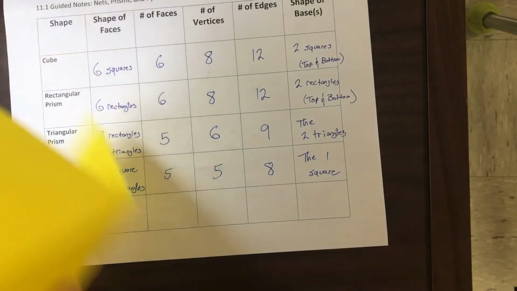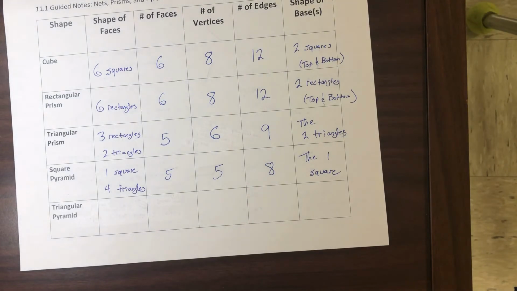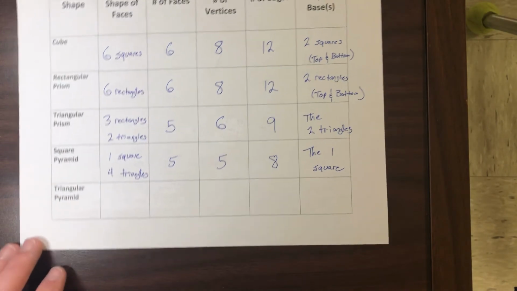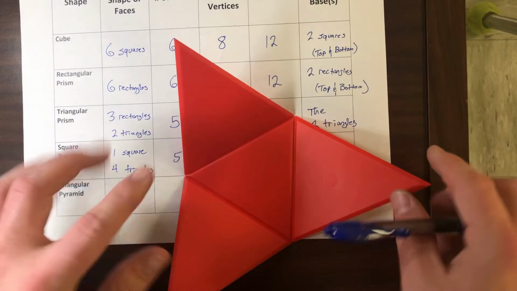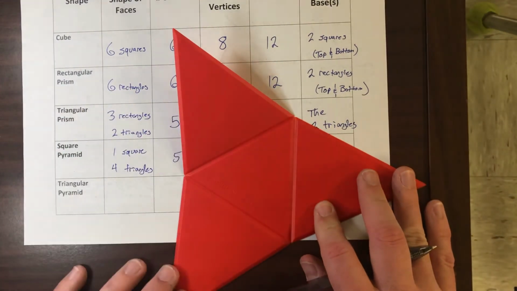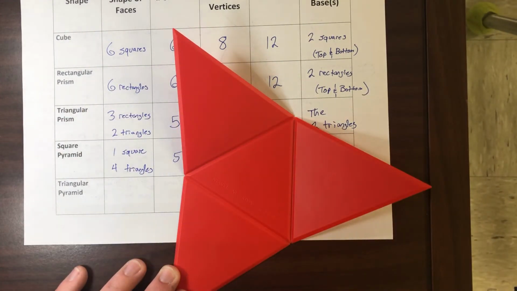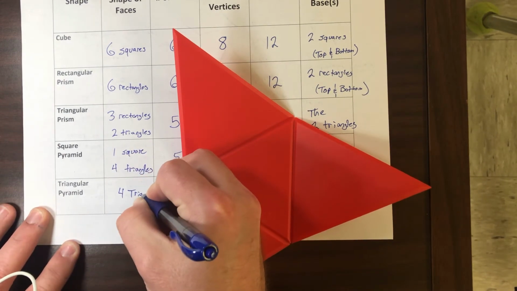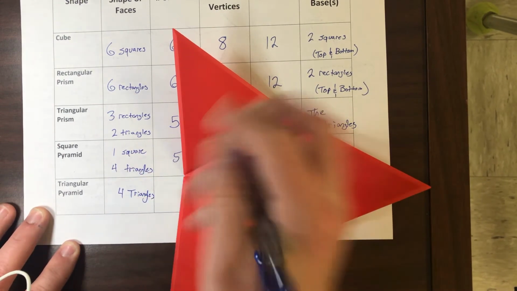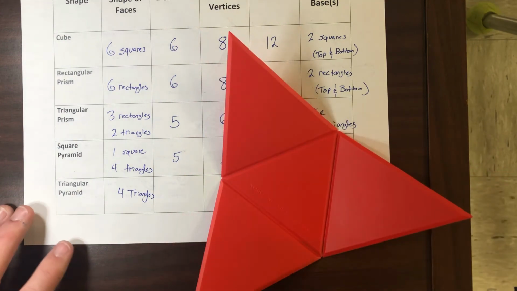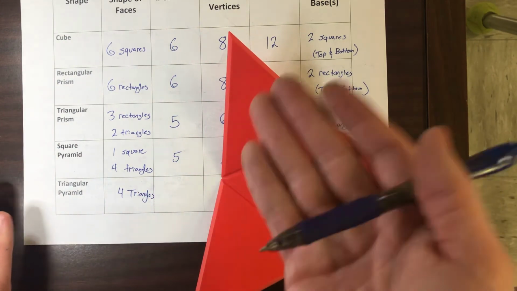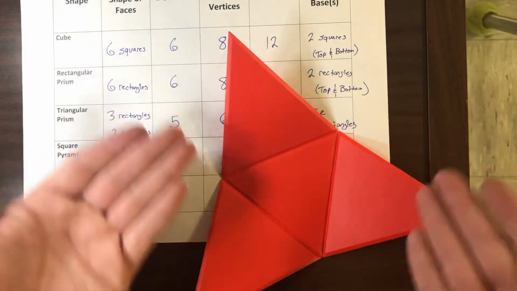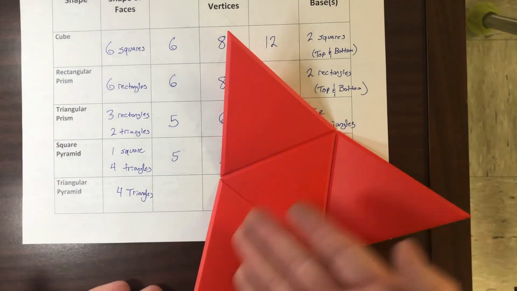All right, last 3D object, triangular pyramid. Triangular pyramid consists of 4 triangles. What's the number of faces? Well, if there's only 4 triangles, there's only 4 faces, but if you're not really sure, count 1, 2, 3, 4.